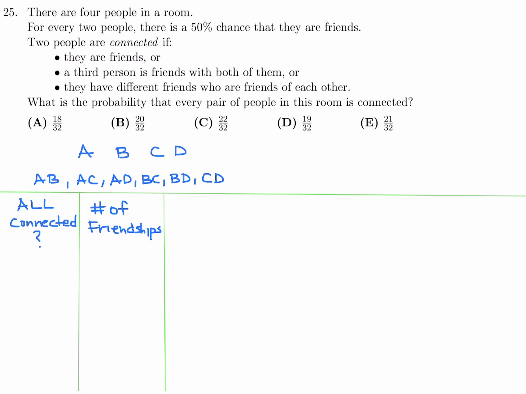So let's start off with the most basic one. And I'm going to draw a diagram to illustrate it. So this doesn't have to be a work of art. So here we go. The first one is if you have all 6 friendships, meaning all of them are friends with each other.